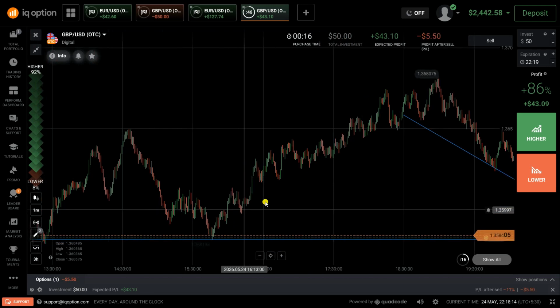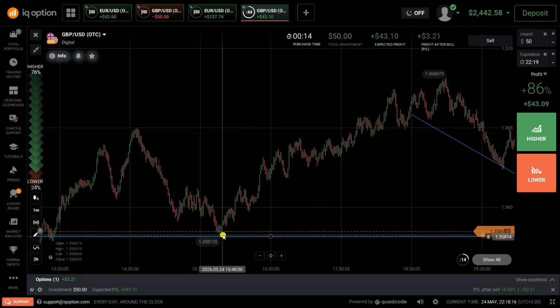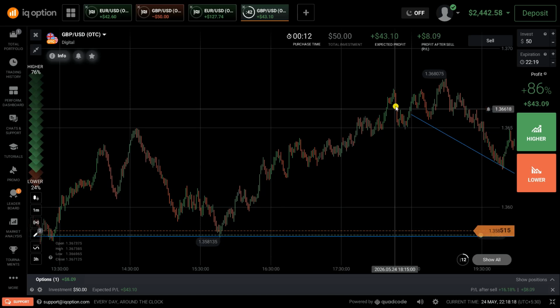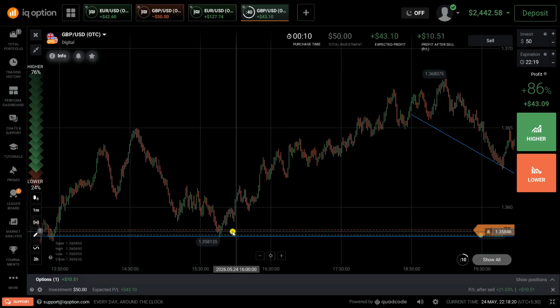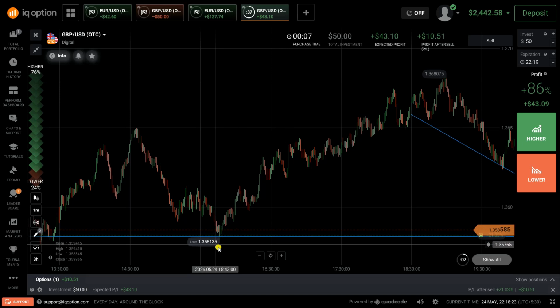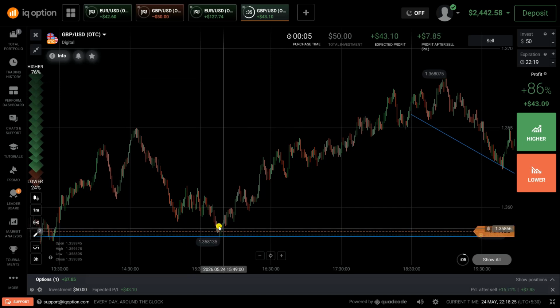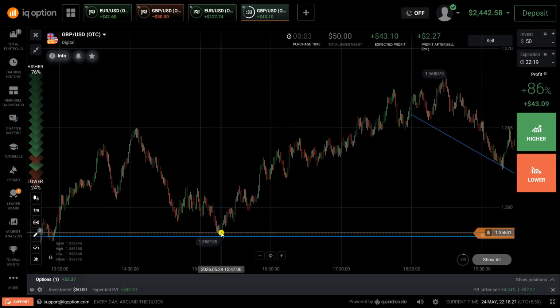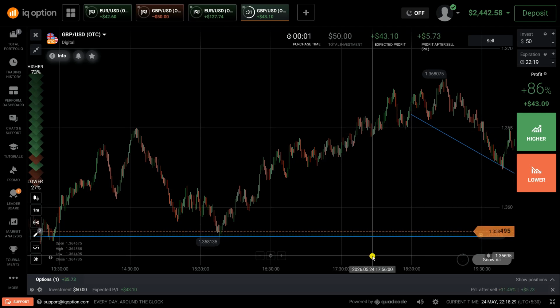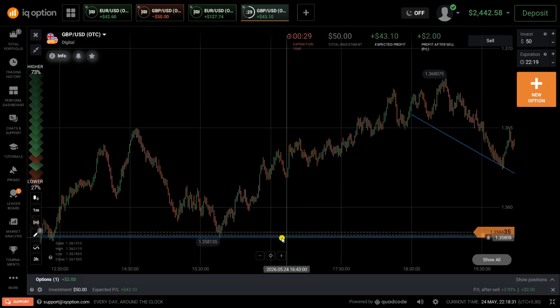Why I'm saying the strong support area? Observe, while the market touches here, can you see a huge amount of bias has entered, which means a lot of traders are participating at this point. Buyers are participating. You can see almost 1 hour to 2 hours it doesn't retest here, which means this area has strong bias strength.